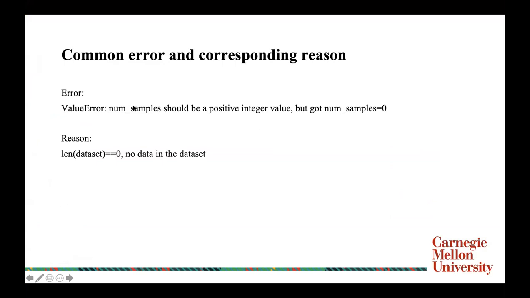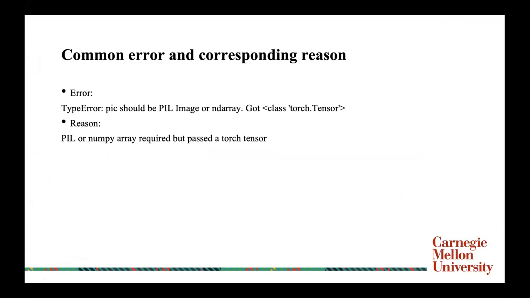So if you encounter this error, it means the dataset doesn't have any data in it, and I will trigger this error later. And this is a type error, and this means you haven't changed the data type to a torch tensor.